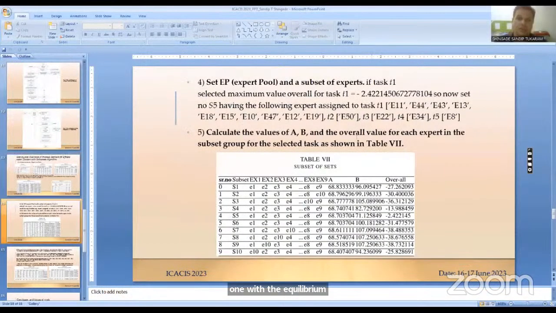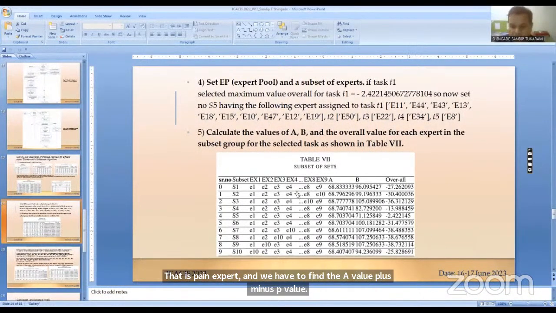We select that one, and we give it for the set of experts for task T1. To conclude, for task 1 we find the value of E1 to E9, that is the plain experts, and we find the A value plus or minus the B value. We find the overall C value.